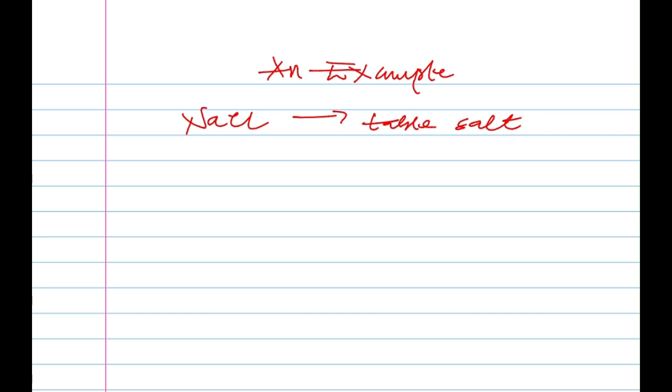So sodium chloride contains sodium and chlorine, but in the form of a compound. So if we want to get sodium from sodium chloride, or we want to get chlorine gas from sodium chloride, it is difficult to do that without using electrolysis.